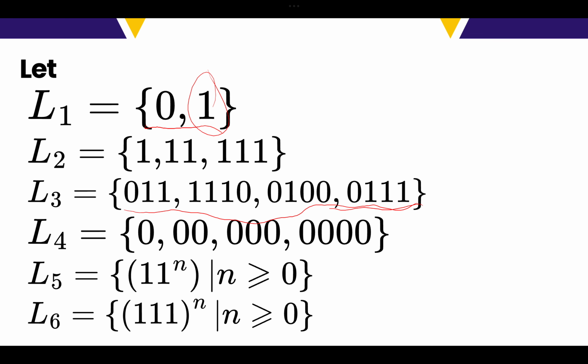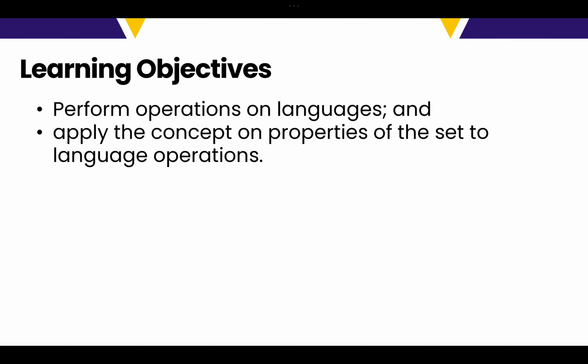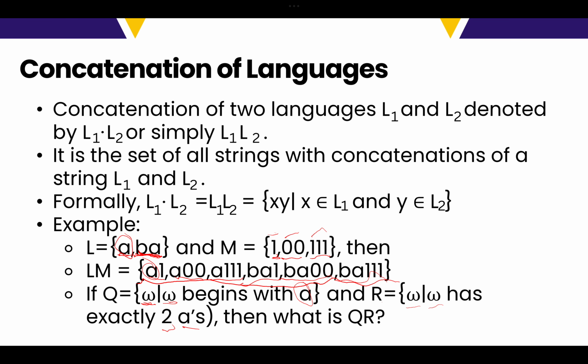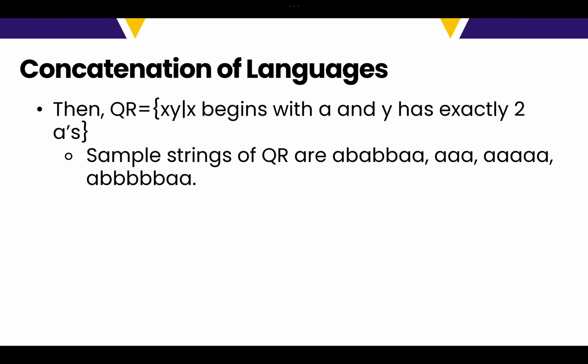Okay, so the concatenation of QR is XY such that X begins with A, right? Because the Q is X, the string that starts with A, and Y has exactly 2 A's. So they are still paired as XY.